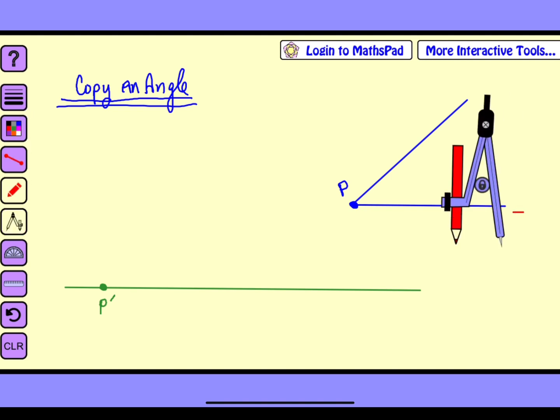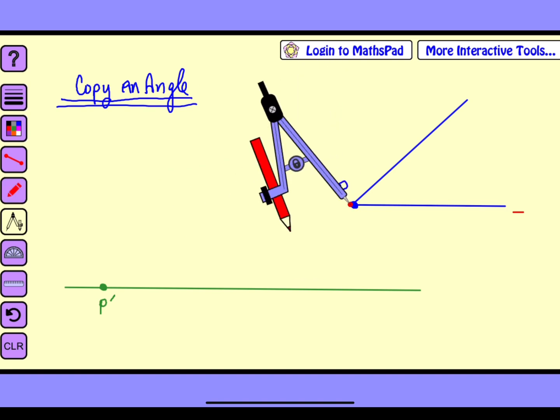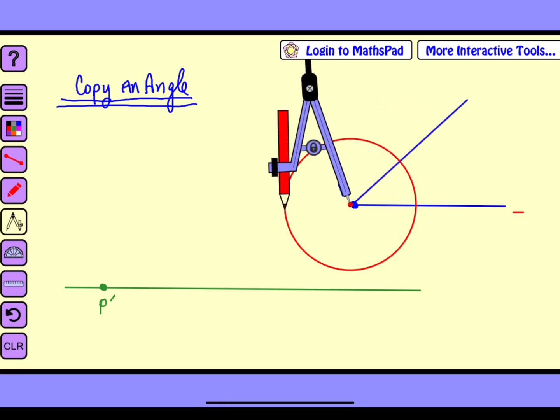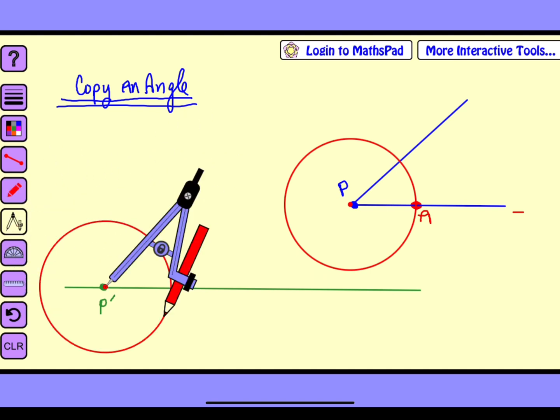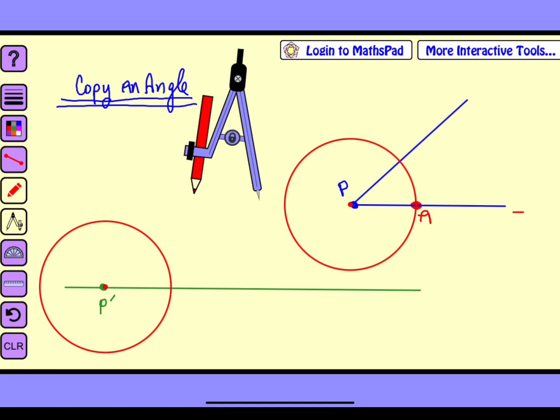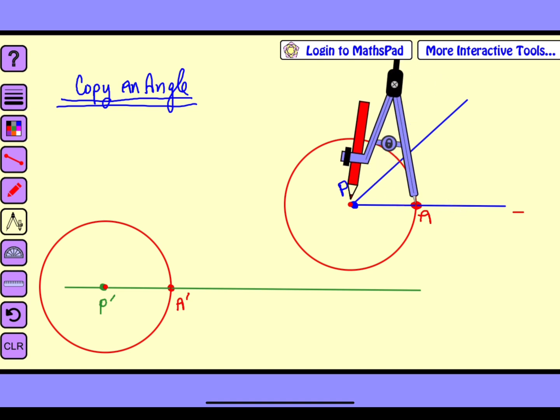The next thing I'm going to do is use my compass tool, which creates circles, and I'm going to lock in a circle around point P and copy that over on point P prime. So once I have that circle distance locked in and I marked point A on that angle, I'm now going to mark point A prime on the circle that I've copied.